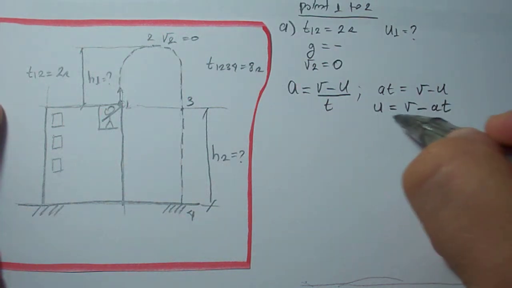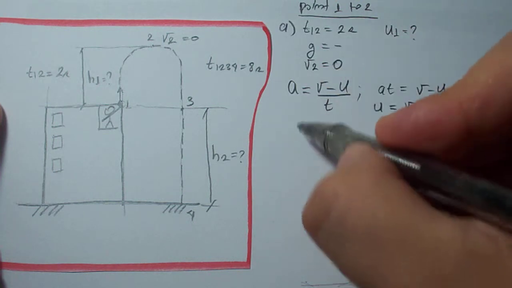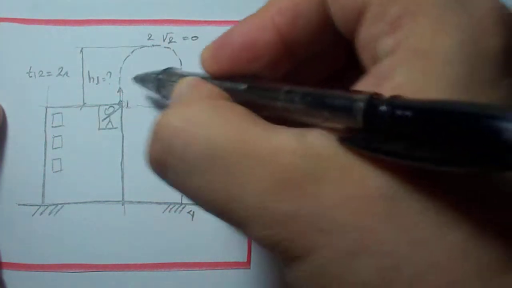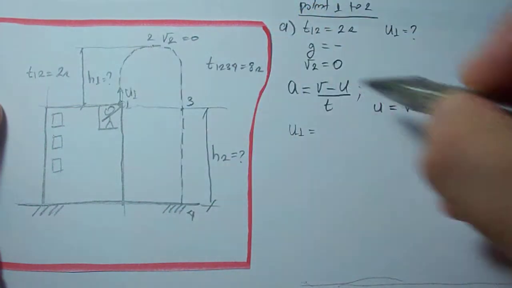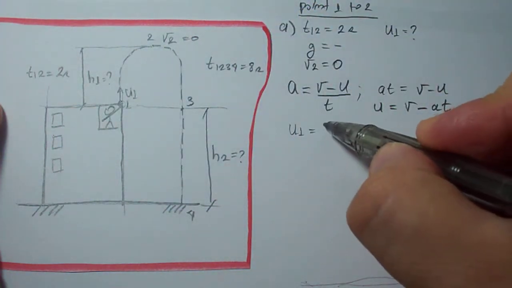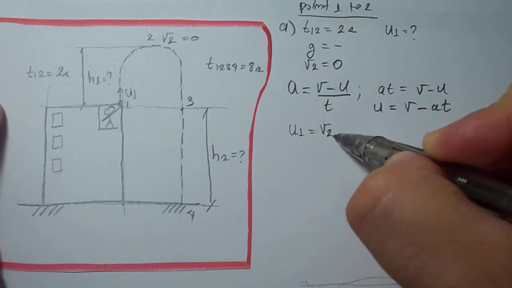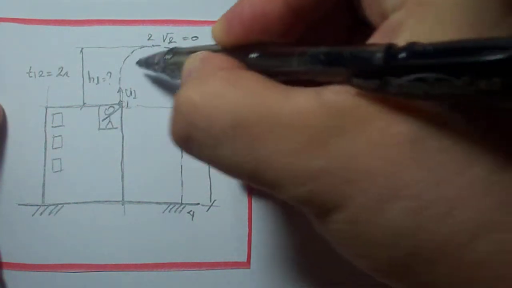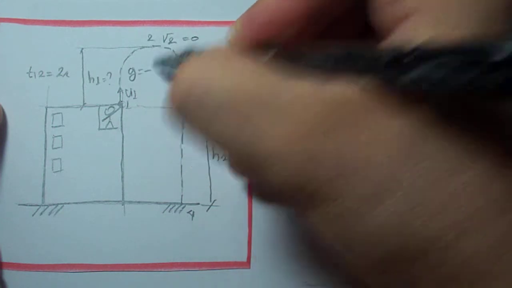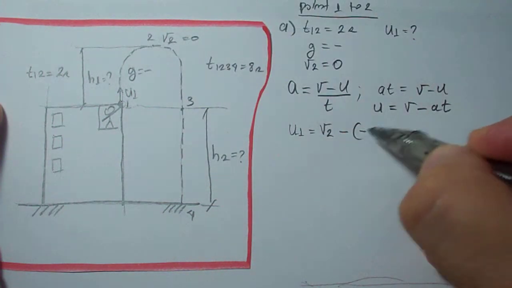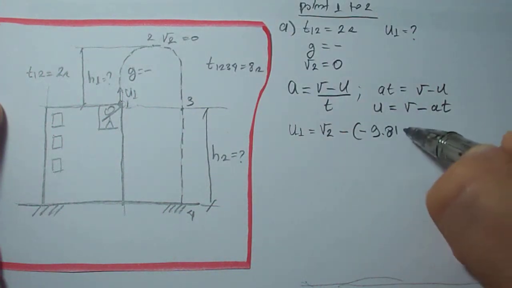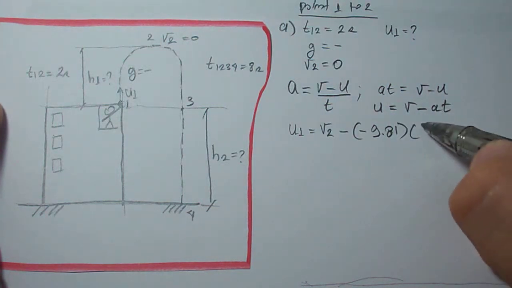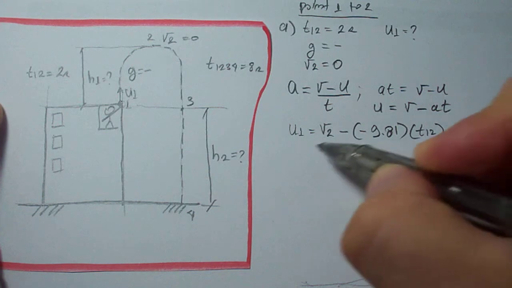And if we're going to equate it with what we have, the initial velocity, which is u1, is equal to the final velocity, which is your v2, minus the acceleration, which here is the acceleration due to gravity, which is actually negative, so negative 9.81, times the time, which will be time 1 to 2.